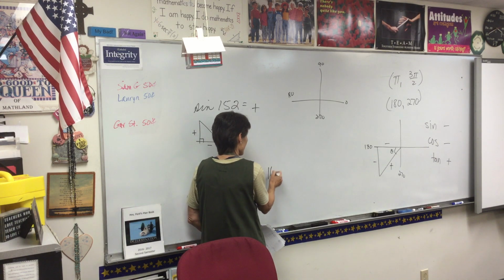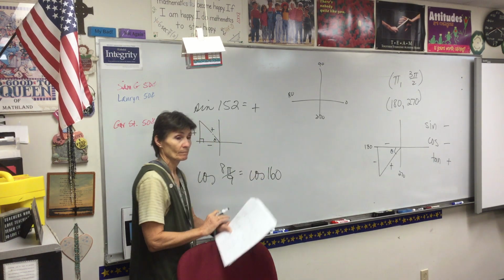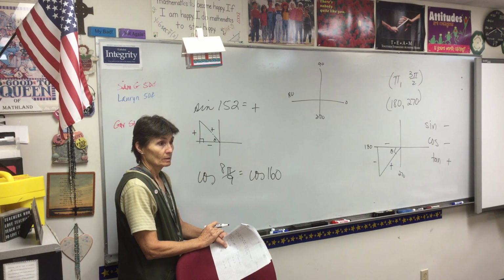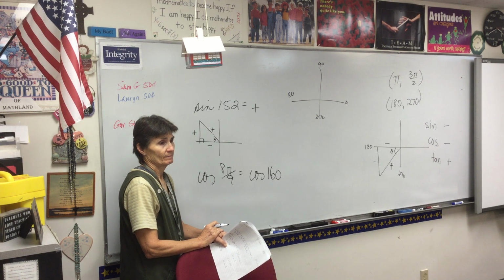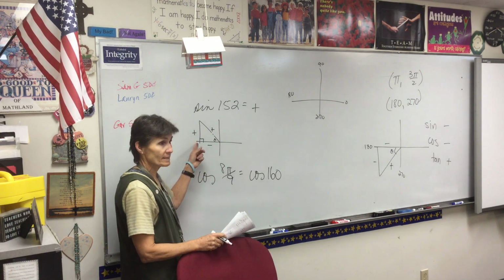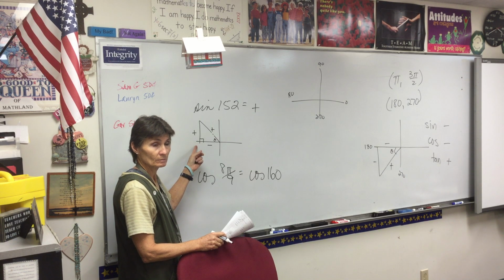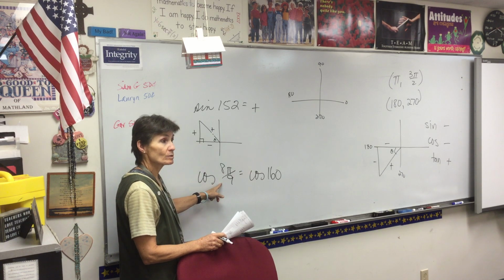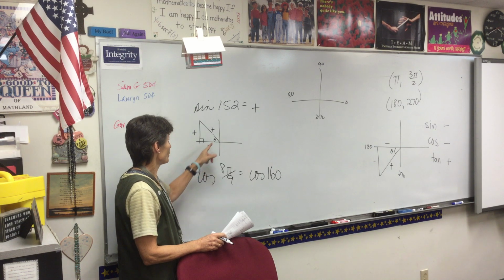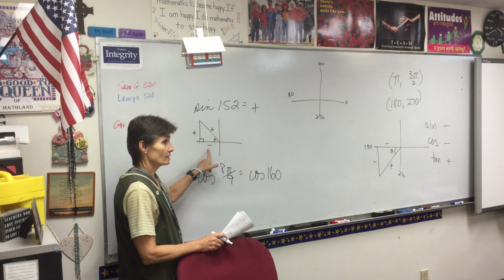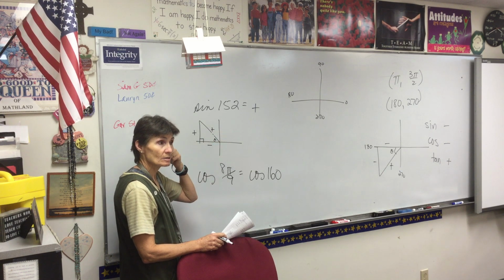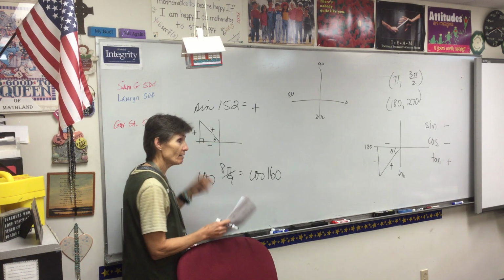So this is the cosine of 160. Where's 160? Same place. Can I use this same picture? Isn't this the quadrant 2 picture? This time though I want cosine. Cosine is adjacent over hypotenuse. So that would be negative.